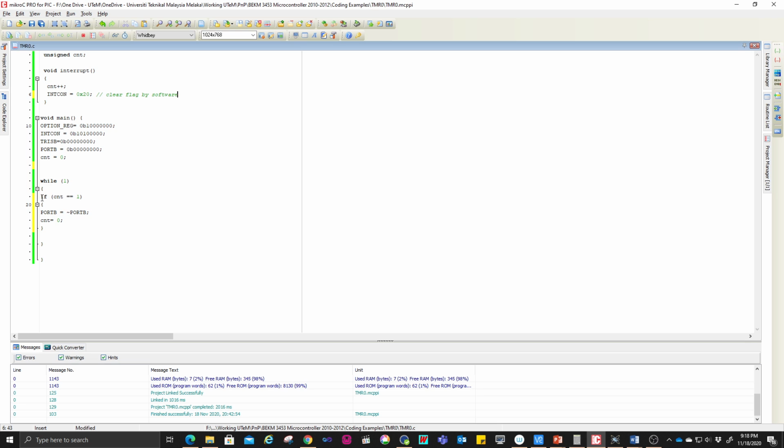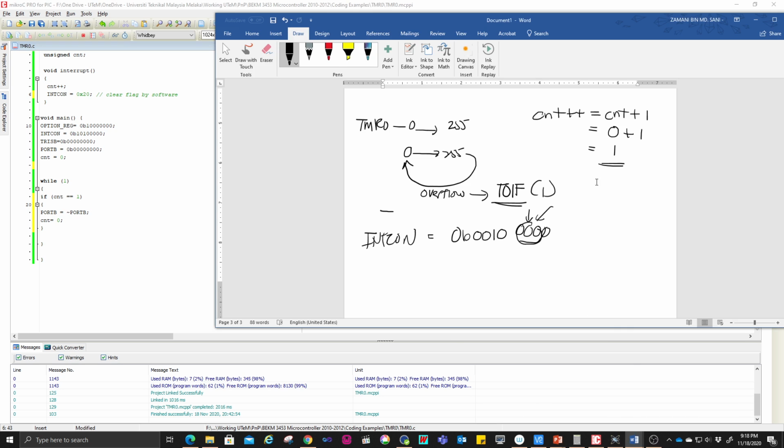So you can see that now if count is equivalent to 1, yes, your count now is 1 already. So what happens is, if this count is already 1, you have to invert the port B here.